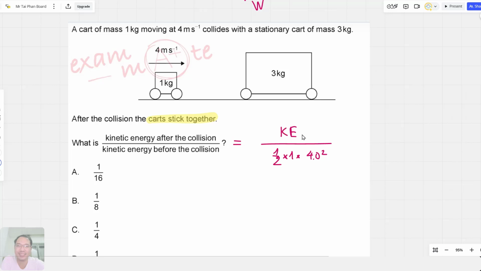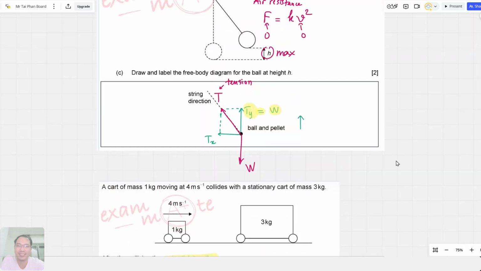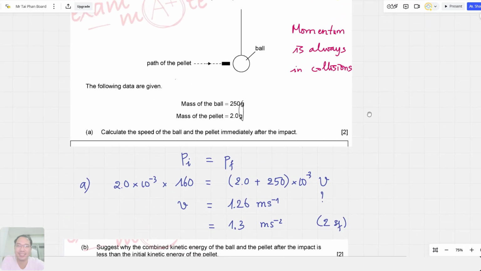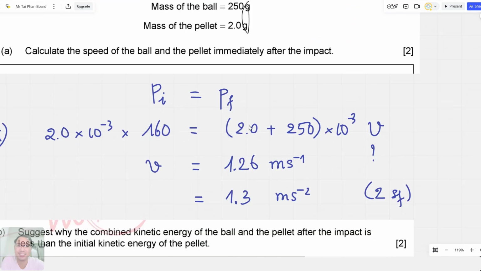Final kinetic energy. So we have 1/2 mv squared. We have m, but we don't know v. Actually, we can find it by using what? Momentum. Yes, exactly. Similar with the pellet and the ball here, exactly similar with this method.